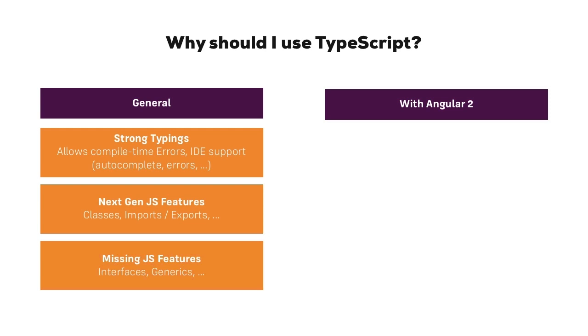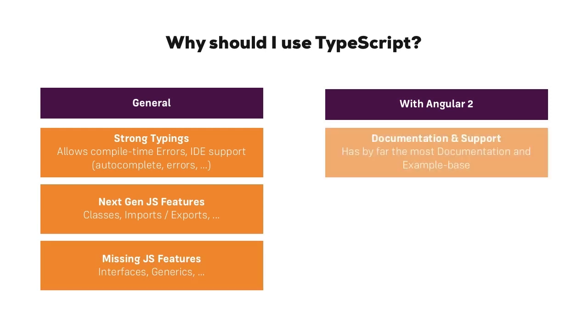Now, if you're not convinced, and well, you probably should be, but if you're not, let's talk about the Angular 2 specific ones. Very importantly, documentation and support is mostly in TypeScript. And yes, this will probably be added for pure JavaScript in the future, but the majority of examples and articles you find uses TypeScript, so it makes your world a lot easier if you're using TypeScript too.